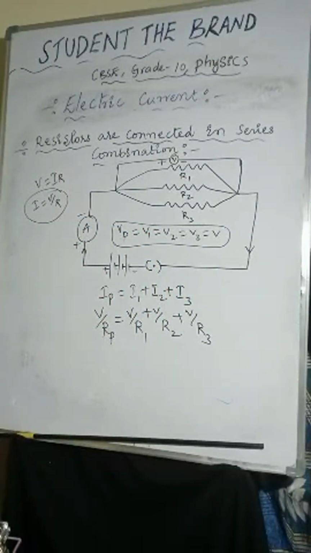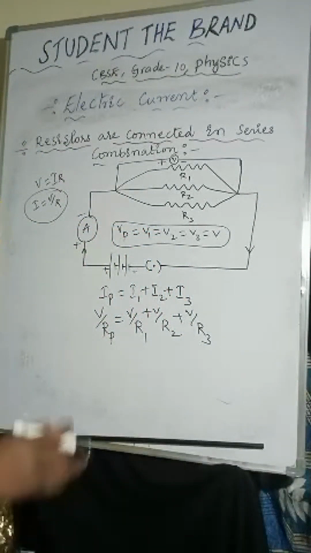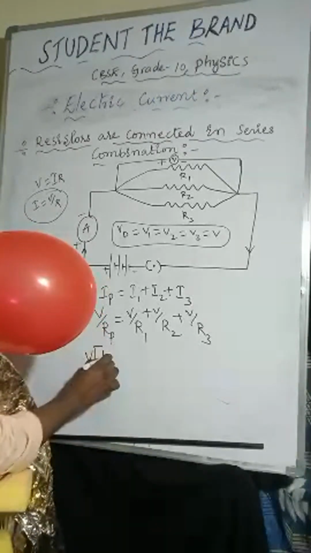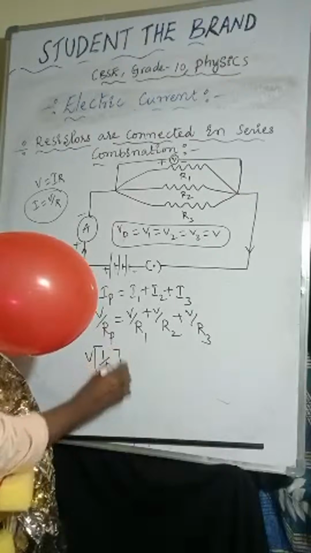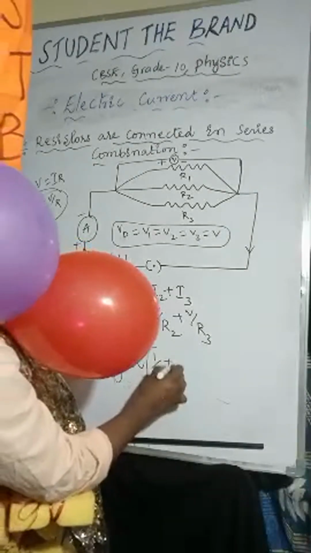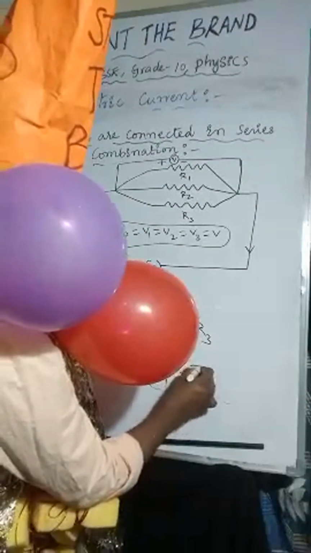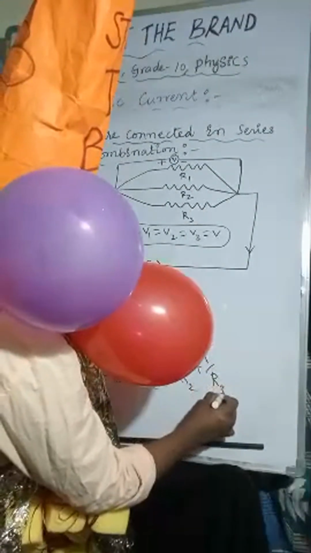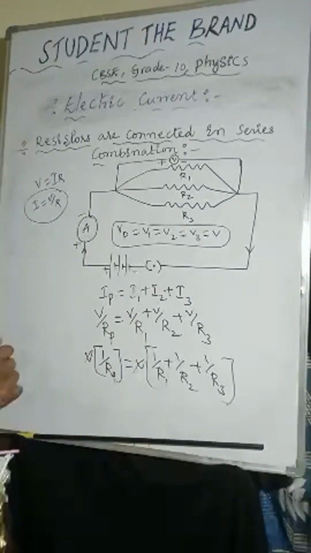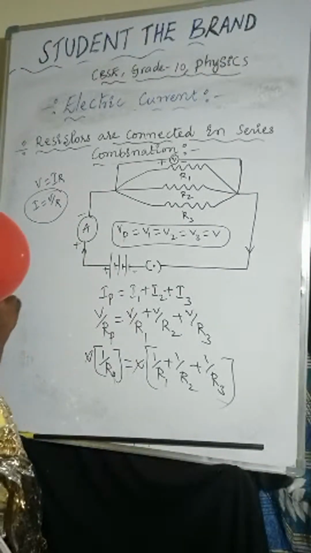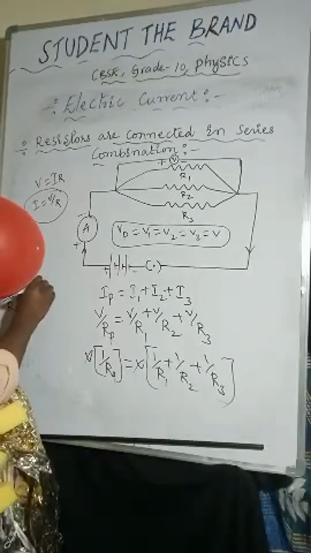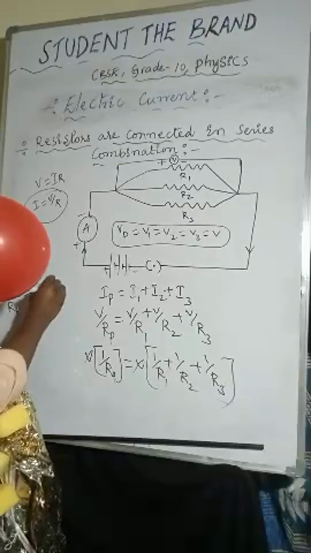Here I am taking V common. If I take V common, then we get 1 by Rp equal to V into 1 by R1 plus 1 by R2 plus 1 by R3. So V gets cancelled. The remaining value is 1 by Rp equal to 1 by R1 plus 1 by R2 plus 1 by R3.